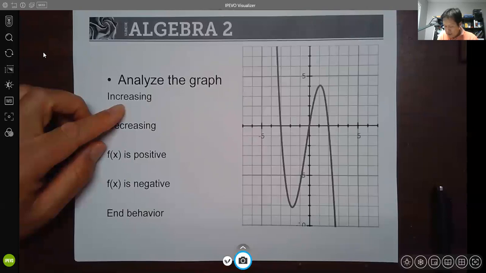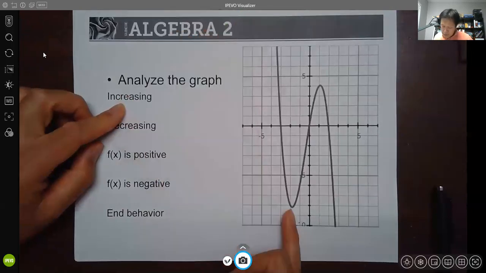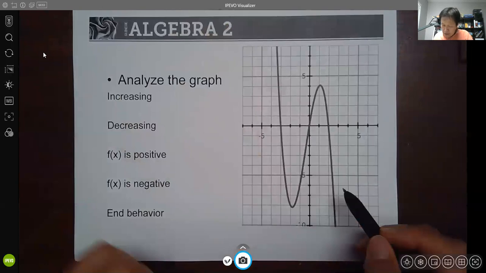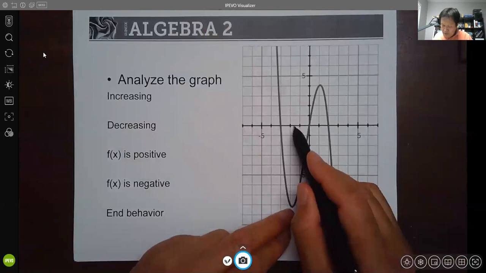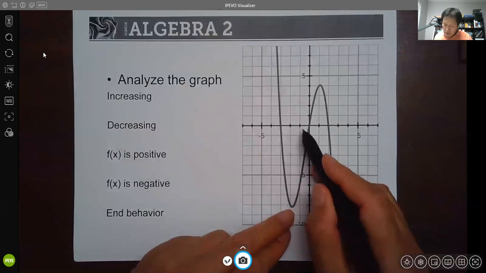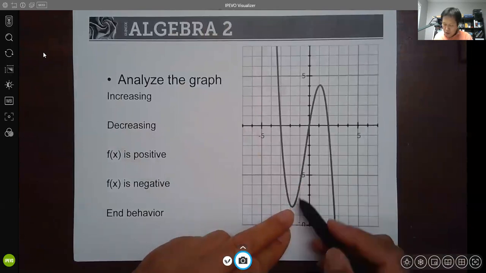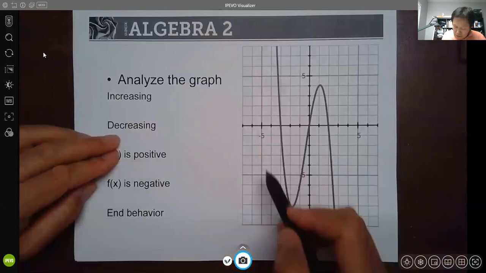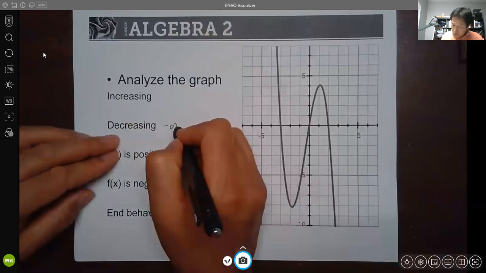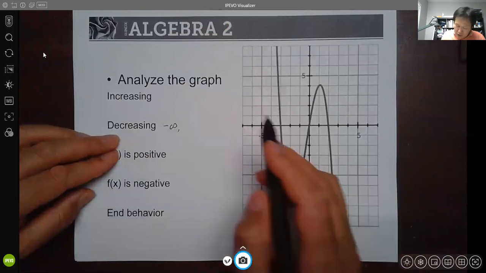Okay, here it's decreasing. I would say decreasing until minus 1.8. So it's a little more than a half, minus 1.8. So decreasing from minus infinity to minus 1.8, I would say.